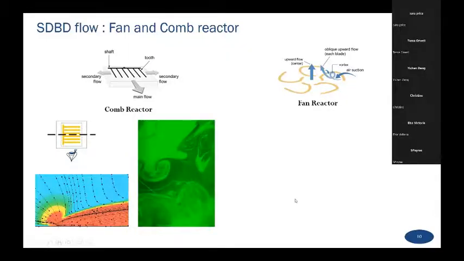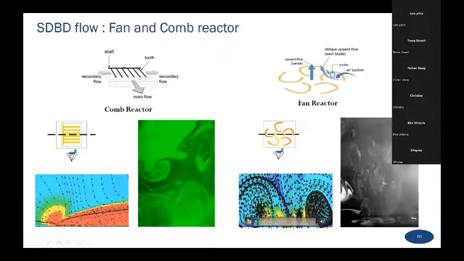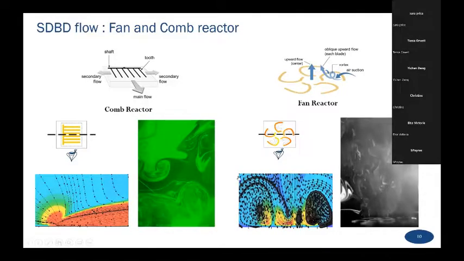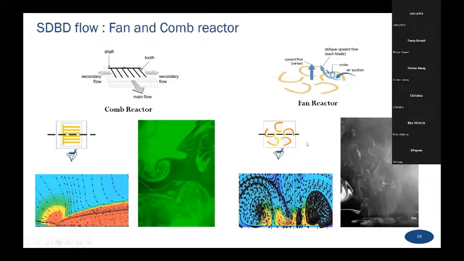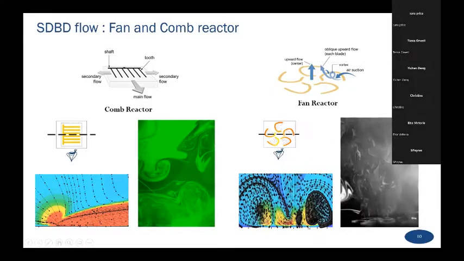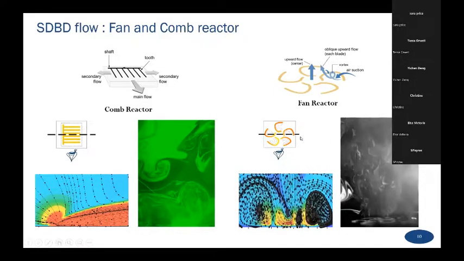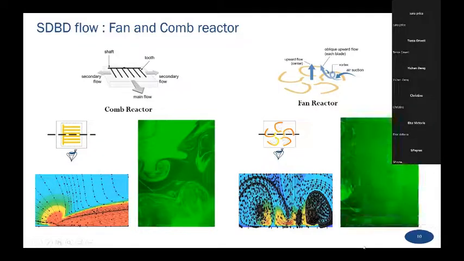Now, in contrast, if we look at the fan flow, this is a simulated flow near the reactor surface. And here we see the turbulent or vortical structures formed near the reactor surface when this is powered up. The overall flow of the fan reactor is shown in the smoke flow visualization. And as you can see, there are a lot of turbulent structures near the surface, and the flow is going upwards and outwards.